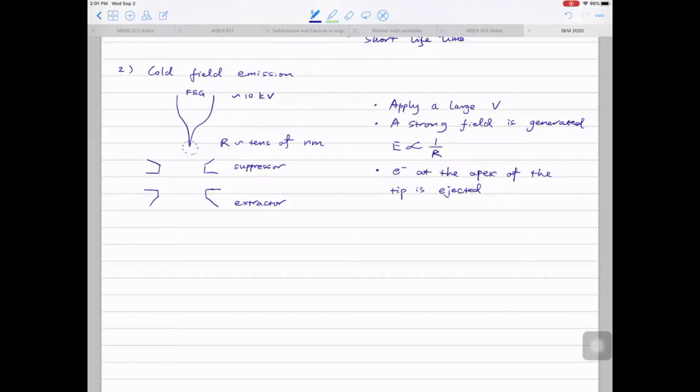Let's look at the pros and the cons. A quick question. What is the suppressor and the extractor? The suppressor and the extractor work in harmony. The suppressor actually decelerates the electrons, and the extractor accelerates the electrons. The idea is to do a fine balance of the electrons that allows a crossover.